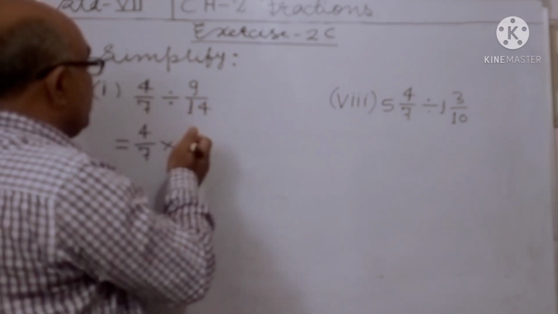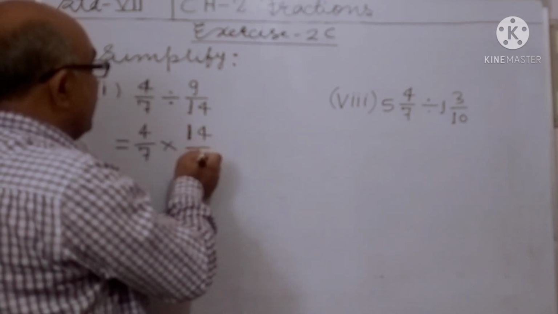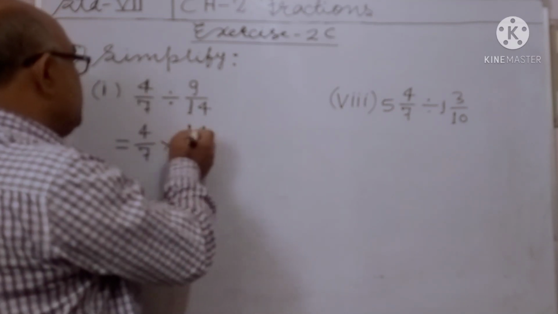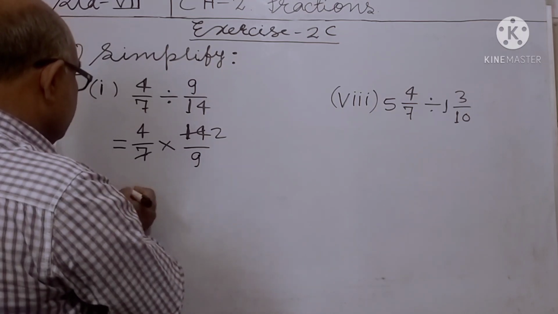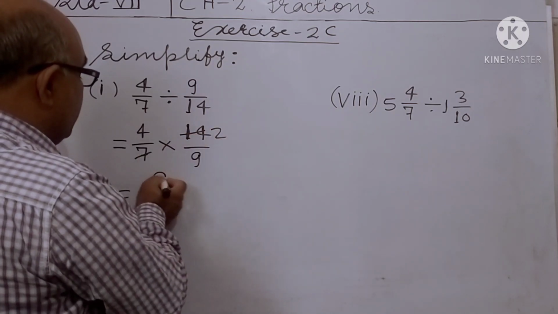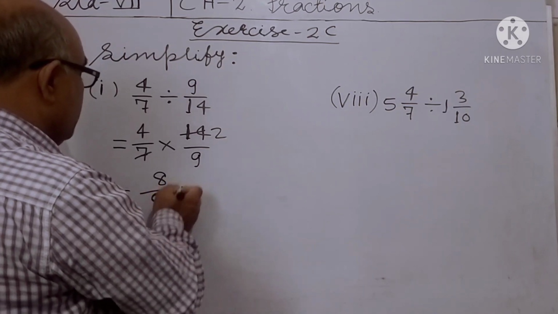So 9 by 14 changes into 14 by 9. Divide 14 by 7, 7 goes into 14 twice. Equal to 8 by 9. Answer.